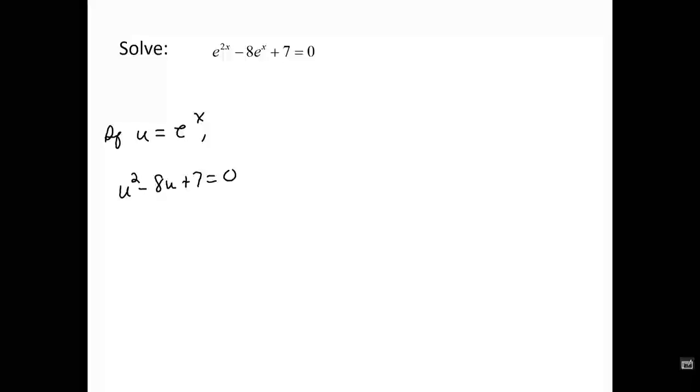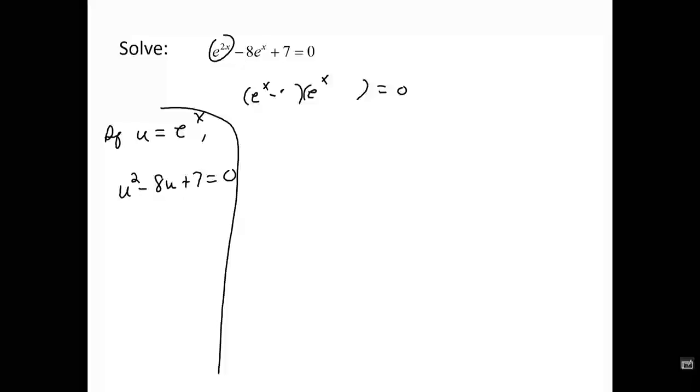So if we factor this equation, e to the 2x can be factored as e to the x times e to the x. And then plus 7 minus 1.